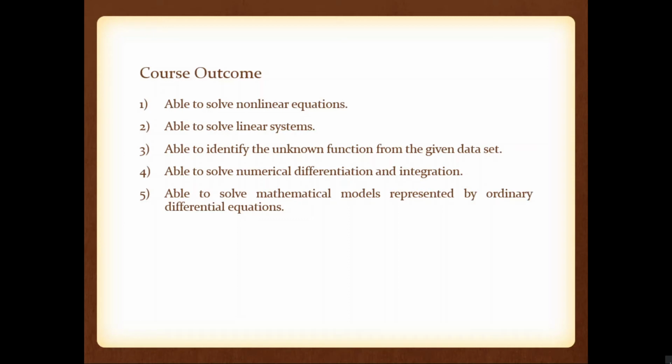So that is the third outcome. You are able to identify the unknown function from the given data set. Given data set means given input output relationship. You will be able to derive the functional relationship.